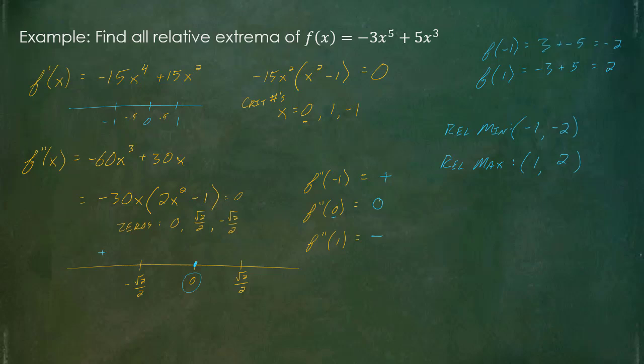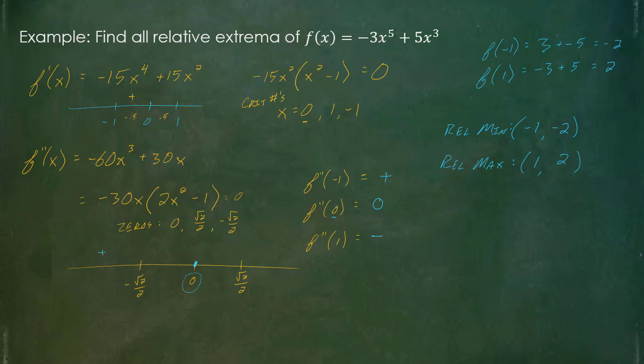Let's see, what would that be? So negative 15 times a positive number, that's 1/2 to the 4th, so that would be 1/16. So negative 15/16 plus, and then 15 times 1/2 squared, so that would be 15/4. 15/4 is bigger than negative 15/16, so that would come back positive.